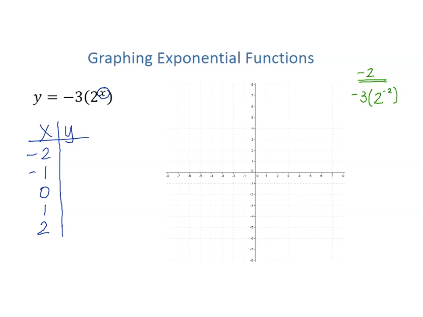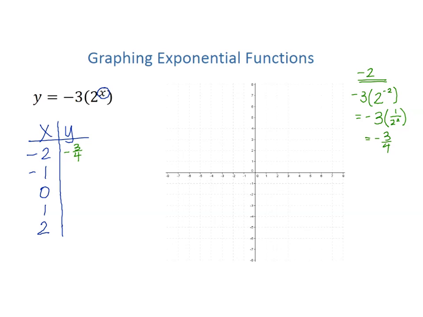That's -3 times 2 to the -2, which is 1 over 2 to the second. So that gives us -3 times 1/4, which is -3/4. So I'll plug that in here.